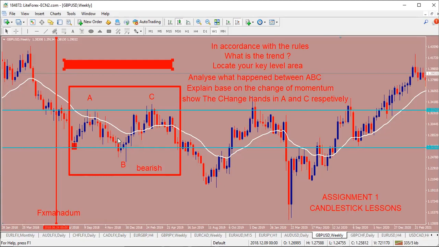Now, the next thing I asked is: explain based on the change of momentum. This is the first place of change of momentum, where the buyers changed.